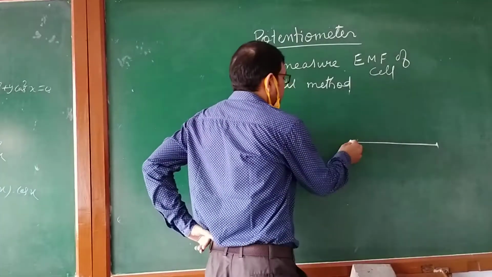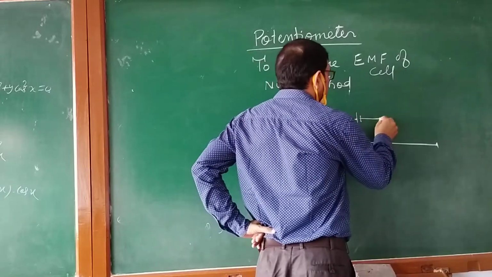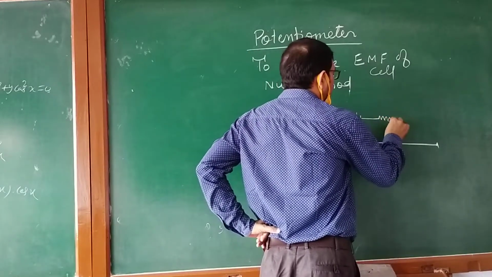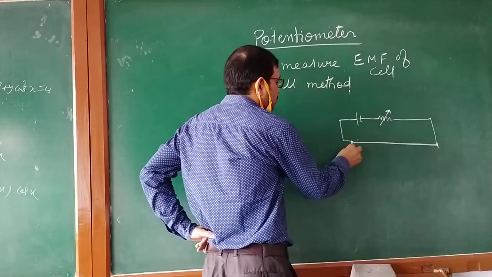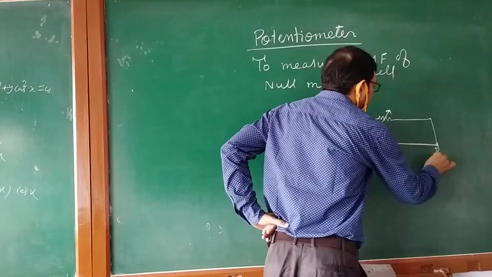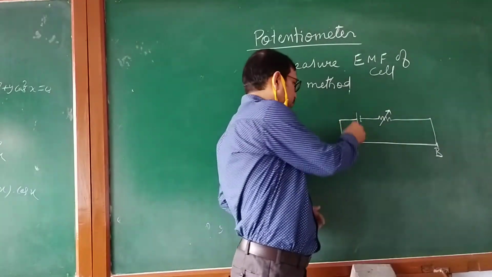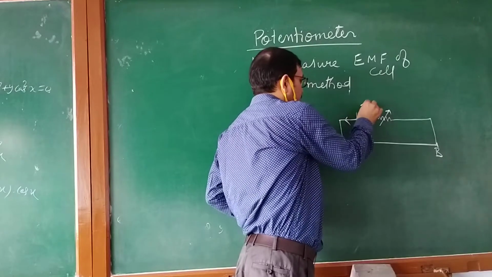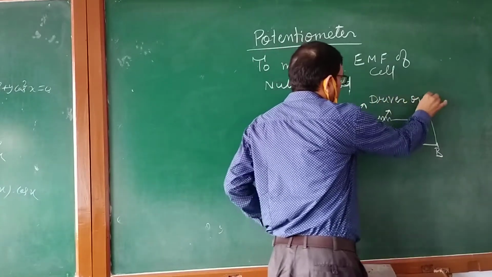Now, this is connected to a battery or cell, and that is connected through a rheostat, and current is supplied like this. So this wire AB is the wire of the potentiometer, and current will be supplied through this cell. This cell is known as the driver cell or auxiliary cell.